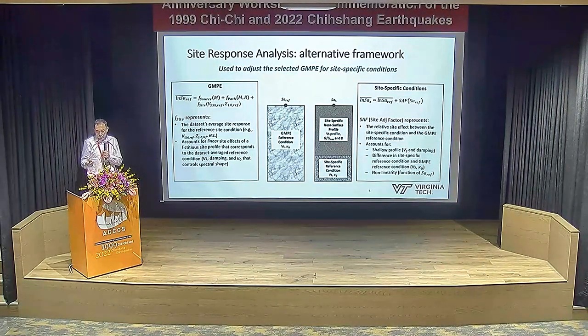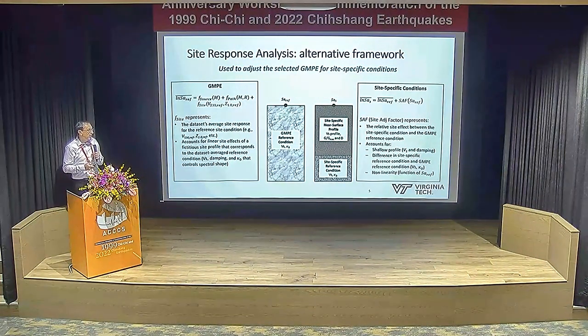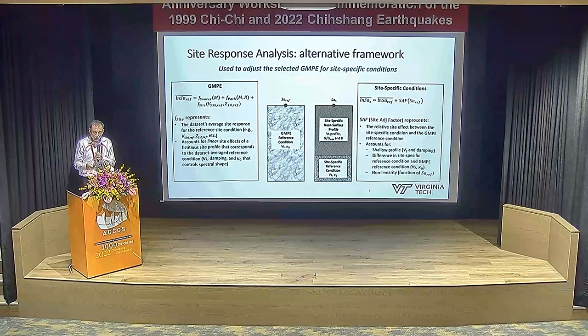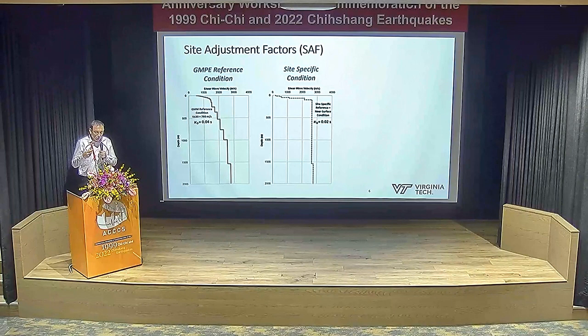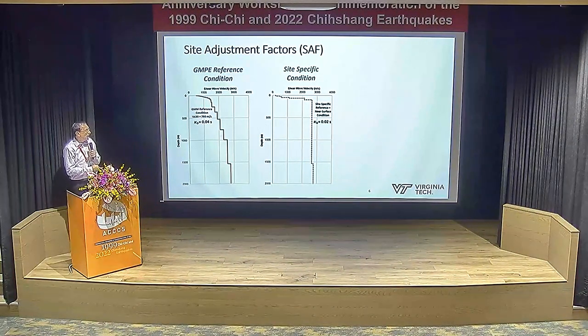What we are trying to capture with this are the effects not just of the very shallow profile, but also the differences in the profile at depth with respect to the average condition for the GMPE. And if we have nonlinearity, we also are accounting for nonlinearity. So to compute site adjustment factors, we need to consider both the reference condition and the site-specific condition.